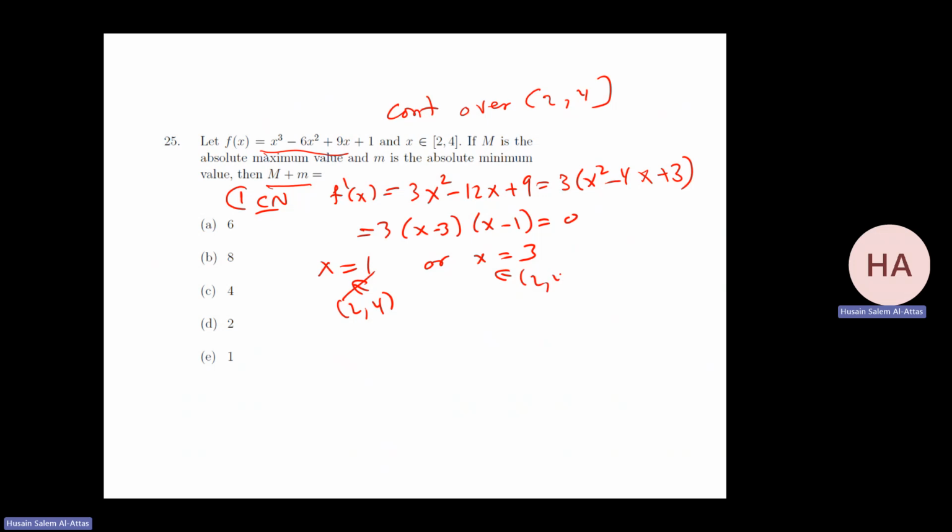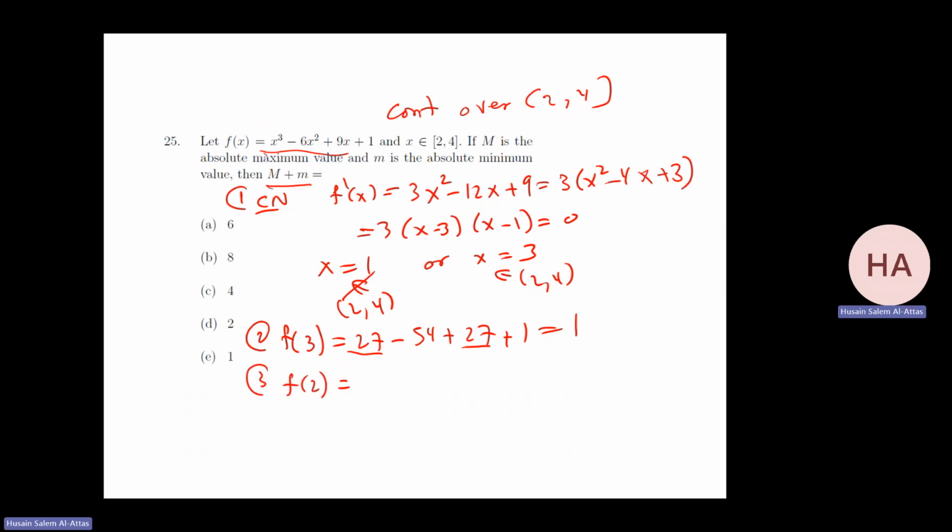This belongs. So I check f at 1, which will be 1 minus 6 plus 9 plus 1, which is 5. Then I will check the endpoints.